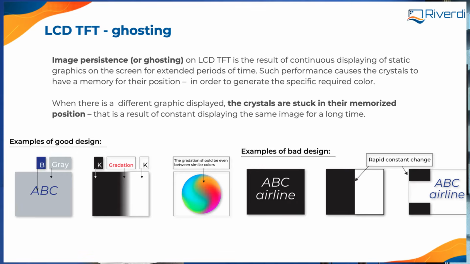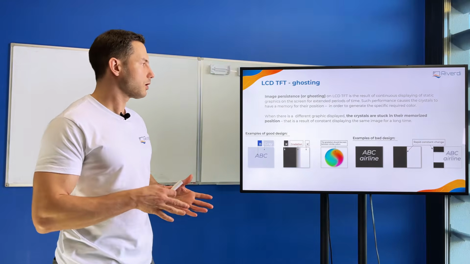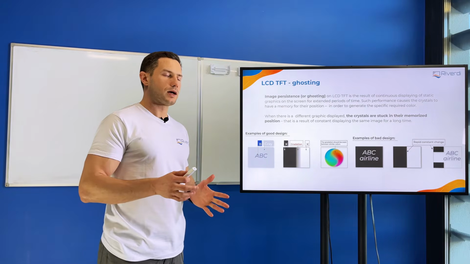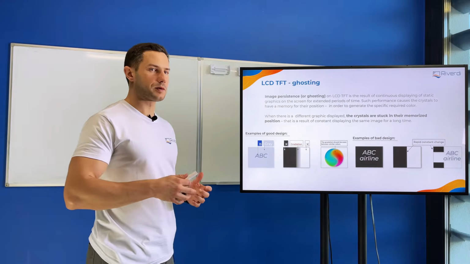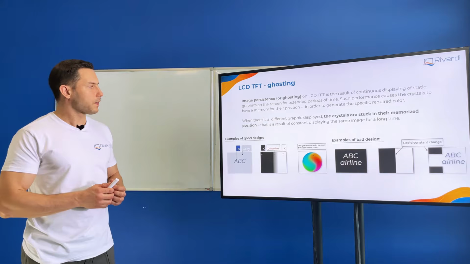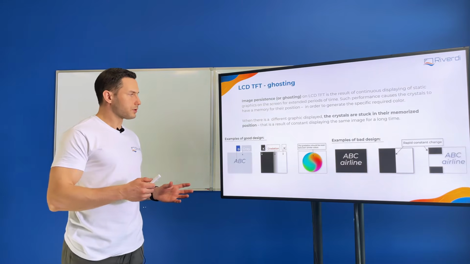Okay, so once we have a display working, from our perspective it's not only important to show the screen, but also, in our university we learn practical things, and one of them is LCD TFT ghosting. So we know how to create the image, but what happens when we have the image on the screen for a long time, for example, and how do we prevent it?